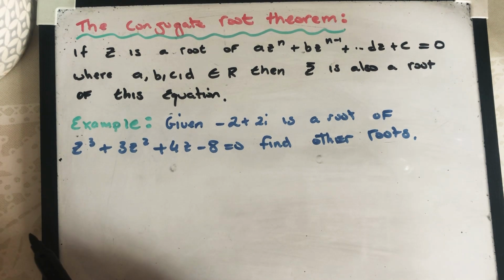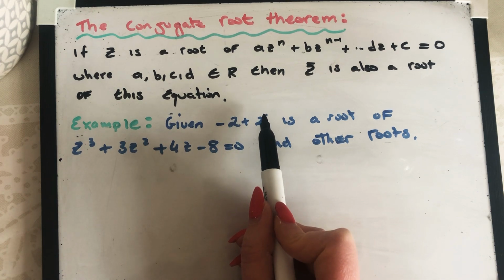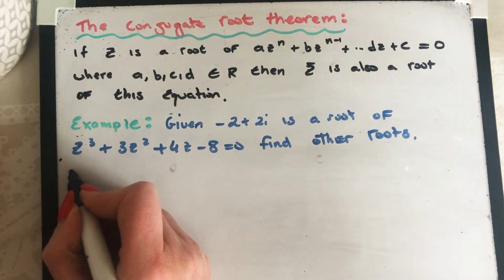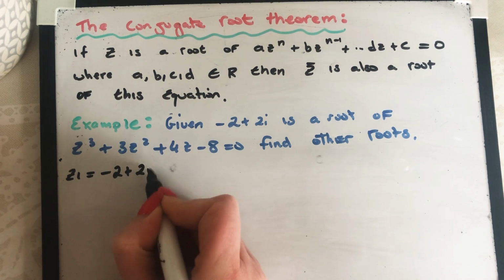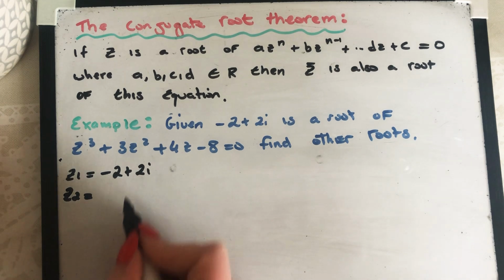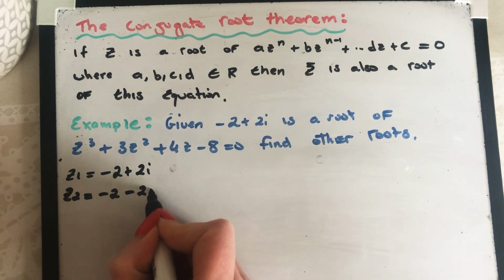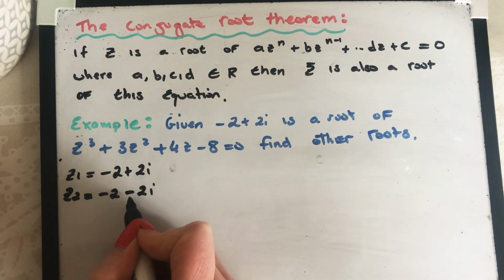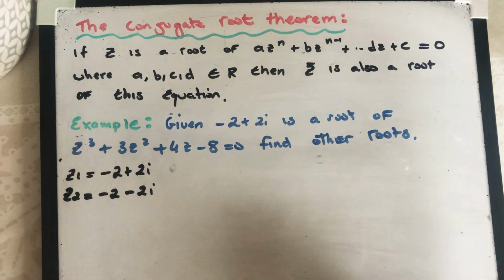So we can say straight away that the conjugate is also a root. We have z1 is minus 2 plus 2i, so we can deduce another root, which is the conjugate, minus 2 minus 2i, because we simply change the sign in the centre between the real part and the imaginary part.